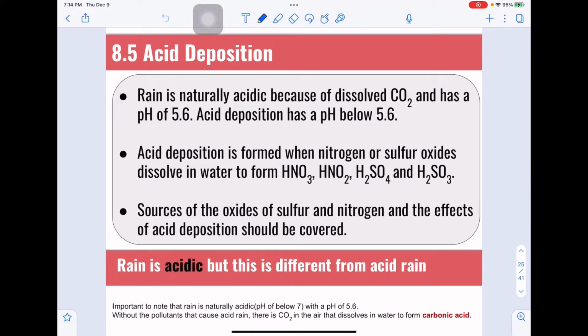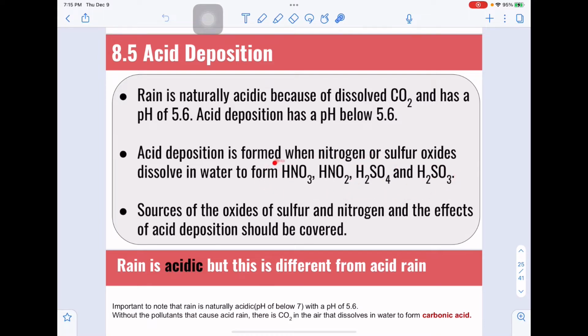Okay, guys, so the last part of chapter 8 will be acid deposition. And the 3 points here are that rain is naturally acidic, but we have something called acid rain, which is not the natural rain. And acid deposition is formed when oxides of nitrogen and sulfur dissolve in water to form these slightly common acids.